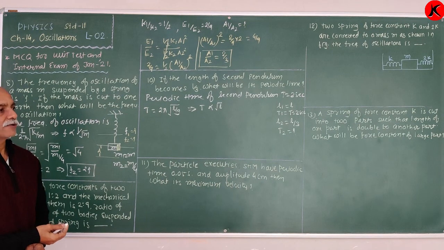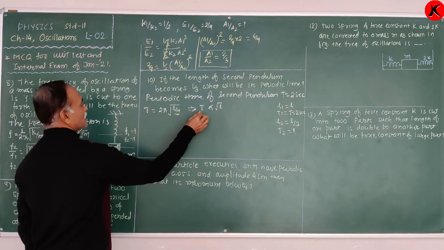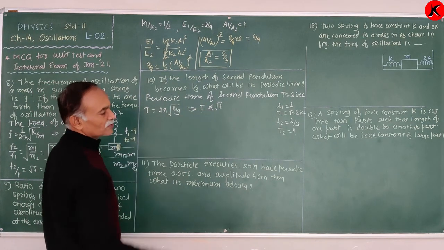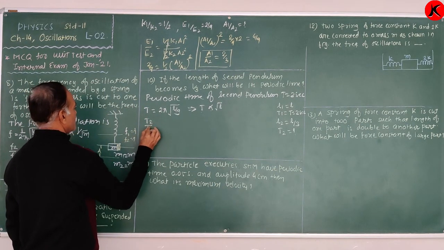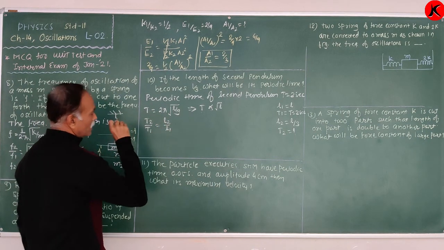We can write T1 proportional to the square root of L1 and T2 proportional to the square root of L2. Directly we can write T2 upon T1 is equal to the square root of L2 upon L1.